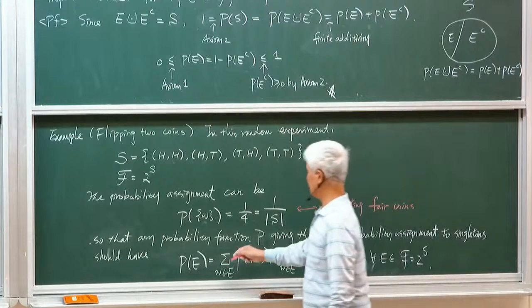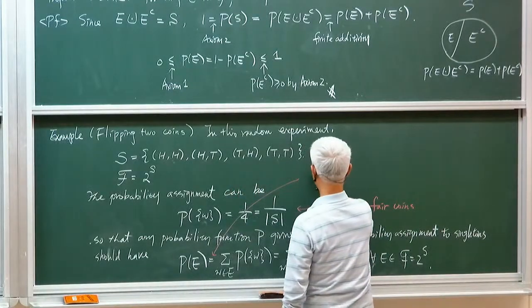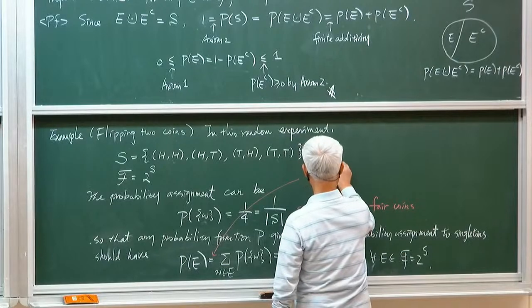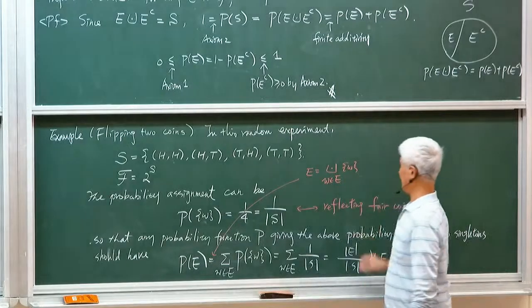And the reason here is because E is the disjoint union.